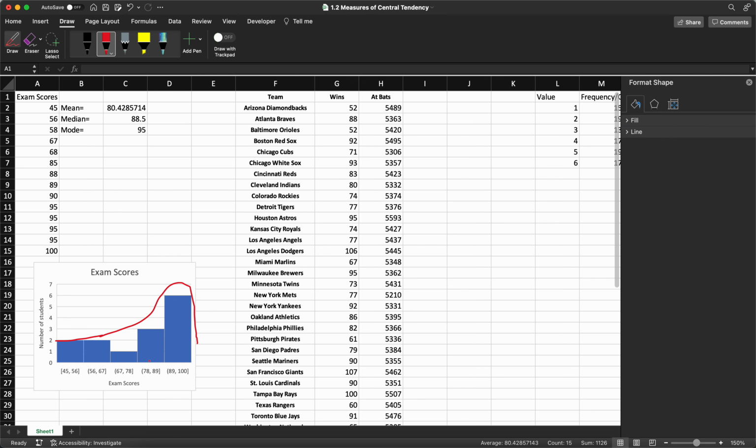So our mean is here. Our median is here. It's called a skewed left distribution because the mean gets pulled to the left.